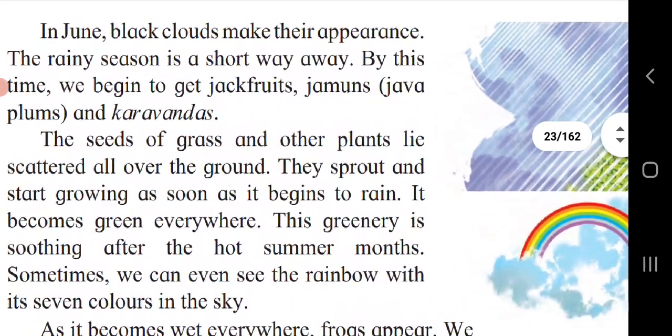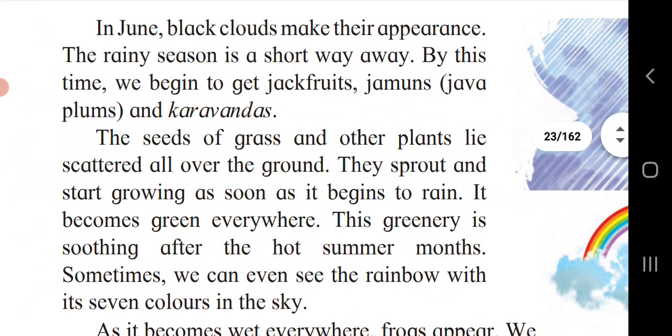In June, black clouds make their appearance. The rainy season is a short way away. By this time, we begin to get jackfruit, jamuns, java plums and karvans. The seeds of grass and other plants lie scattered all over the ground. They sprout and start growing as soon as it begins to rain.